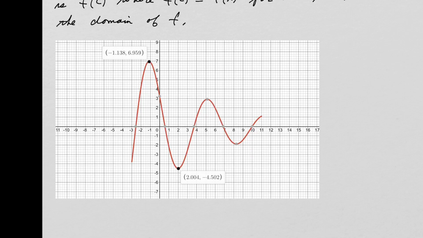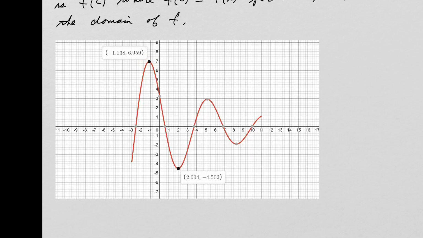So basically this point right here would be the absolute maximum. The value is 6.959, and the corresponding x value is negative 1.138. Since it's the largest value of the graph, that's the absolute maximum.